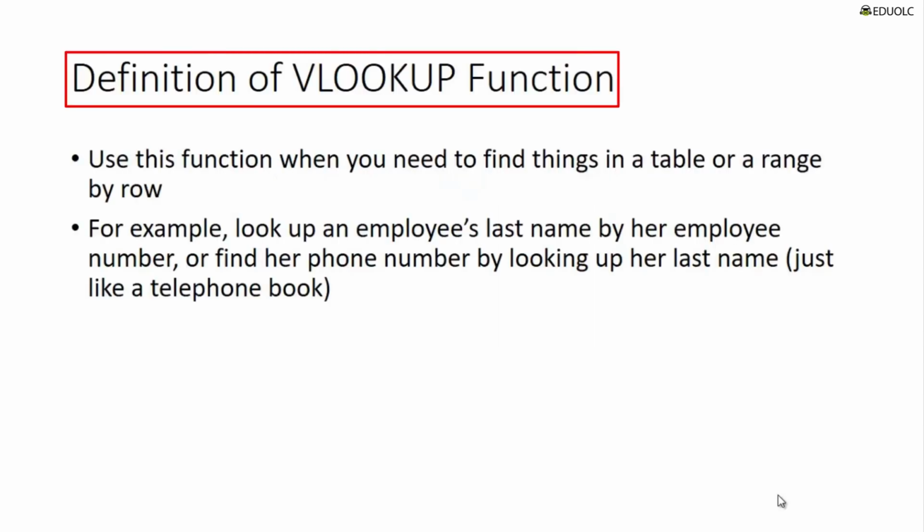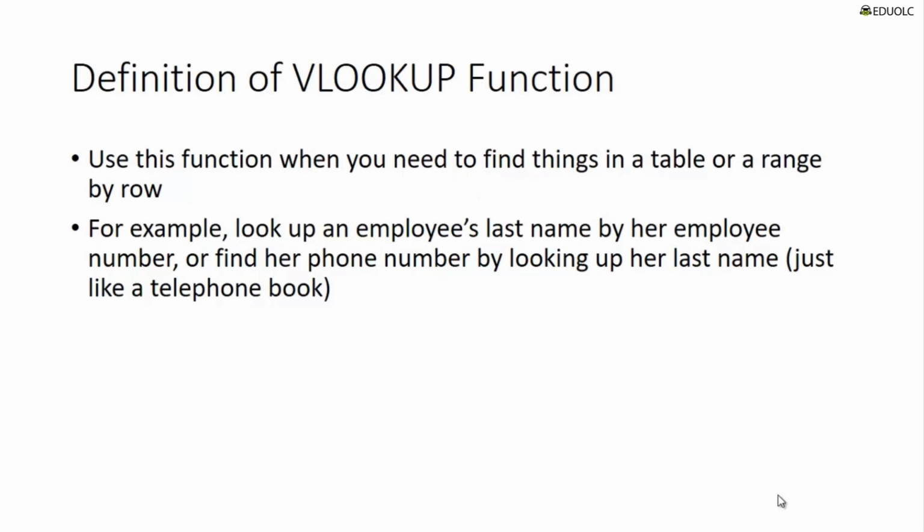I'm going to start with the definition of VLOOKUP function. So VLOOKUP is a function within Excel. It's a spreadsheet or a worksheet, and you can add few more worksheets if you want to create a workbook. Now each worksheet is allowed to use many functions.